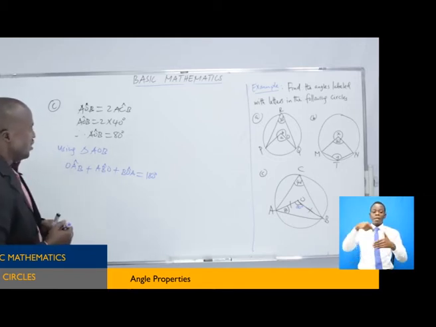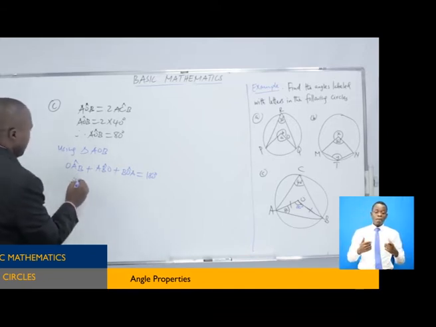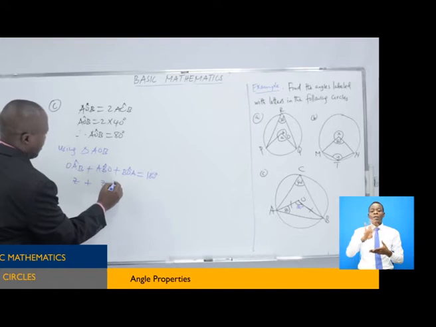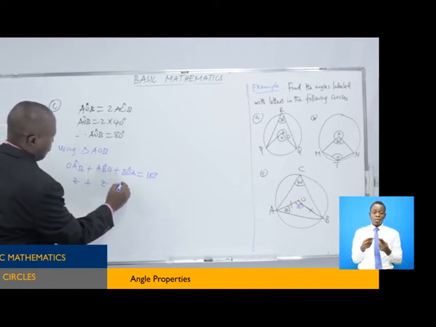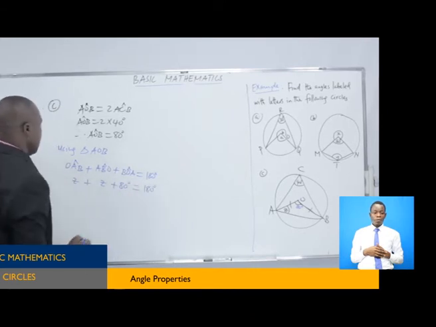But OAB and ABO are the same. So this one is Z, plus Z, plus BOA, which is 80, is equal to 180 degrees.